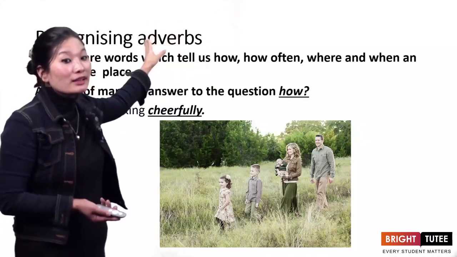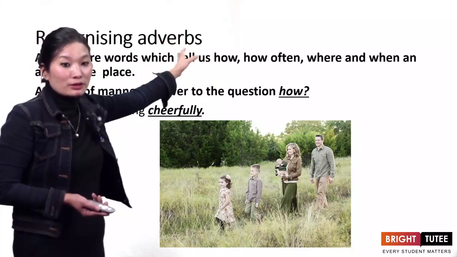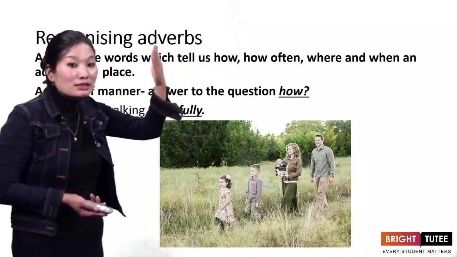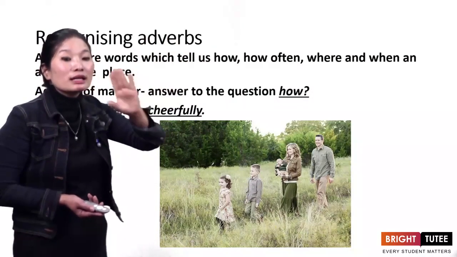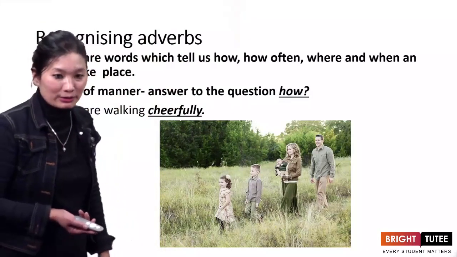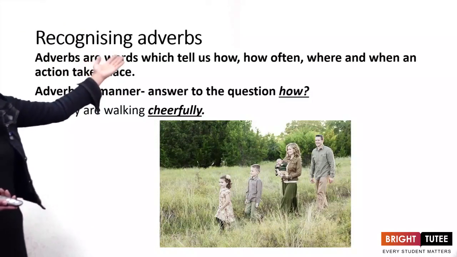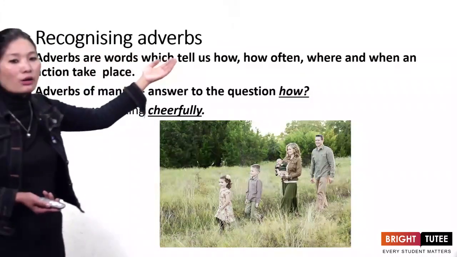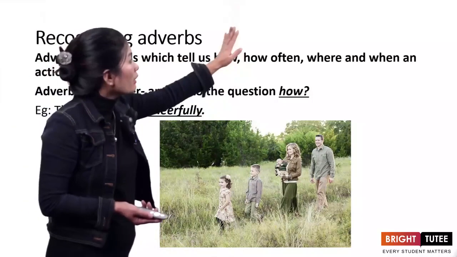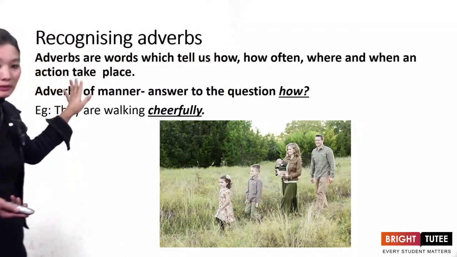So today you learned adverb is adding meaning to the verb. Just by splitting the word, splitting means cutting the word into two, it gives you the explanation of an adverb, okay? Adverbs are words which tell us how often, where, and when an action takes place.